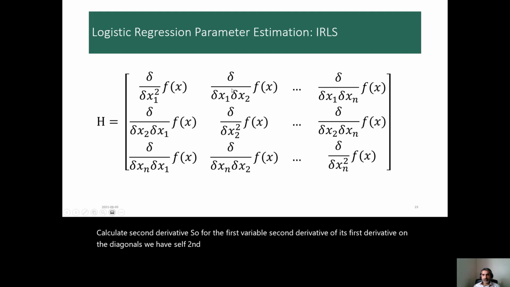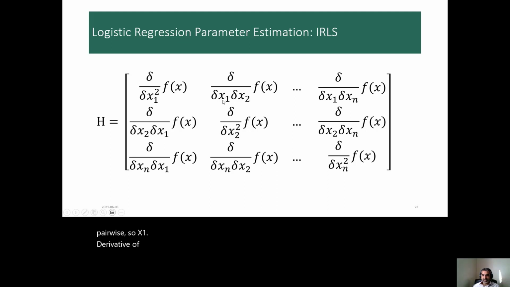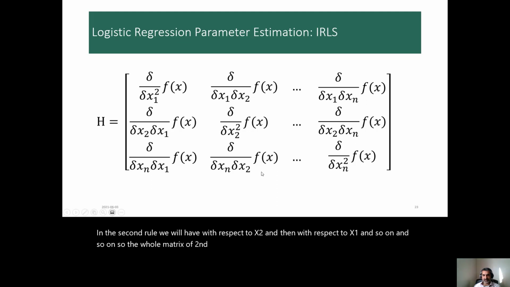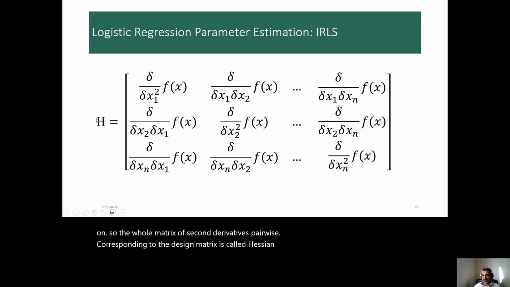On the other terms, we have the pairwise ones: derivative with respect to x1 and then x2 and so on, x1 and xn. In the second row, we will have with respect to x2 and then with respect to x1 and so on. So the whole matrix of pairwise second derivatives corresponding to the design matrix is called the Hessian matrix, represented by H.